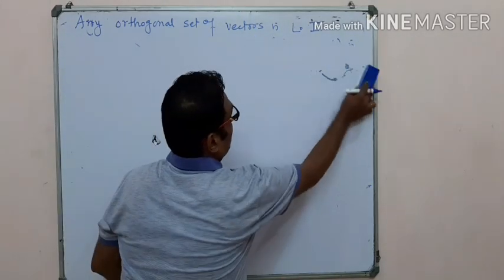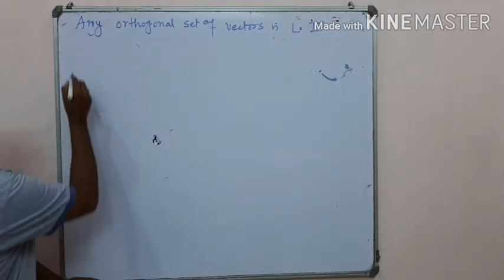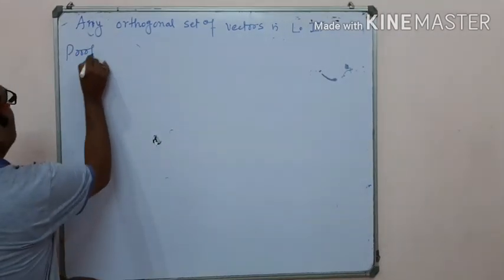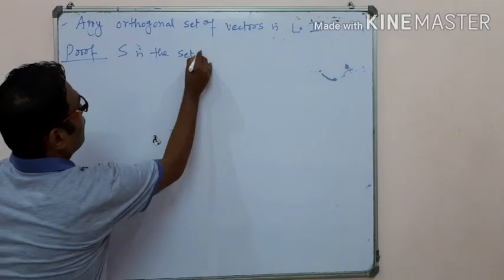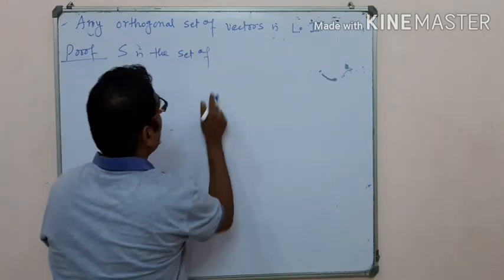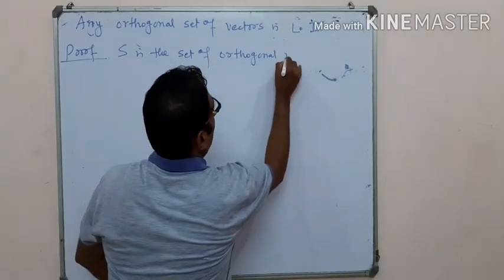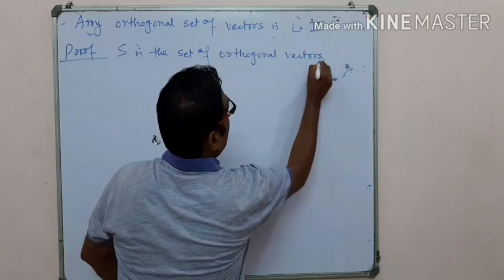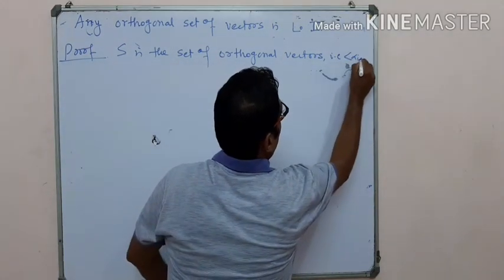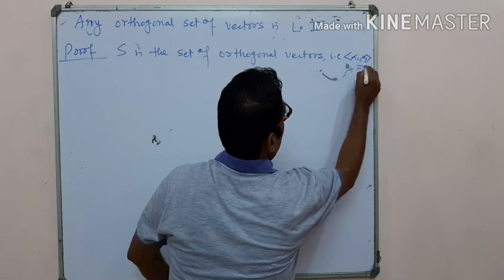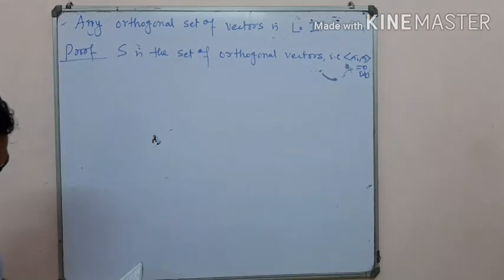Since it is given that S is the set of orthogonal vectors, that is, alpha i comma alpha j is equal to 0 for all i not equal to j. You remember that.